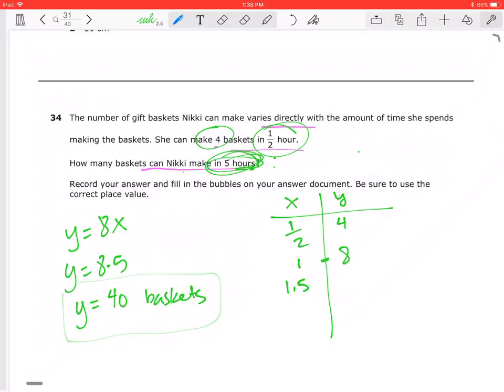So if in half an hour we can make 4 baskets, then in 1 hour we can make 8 baskets. In 1.5 hours that would be 12. Then in 2 hours, that's going to be 16.